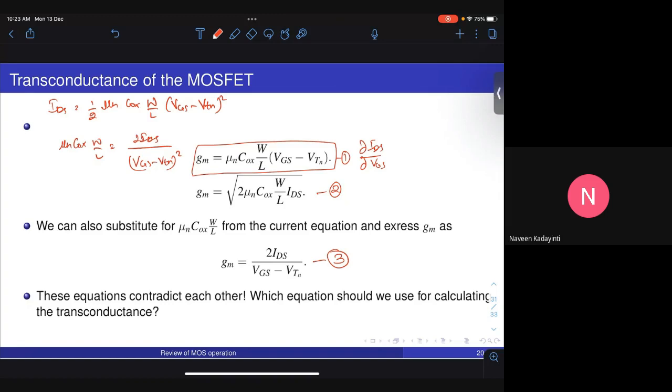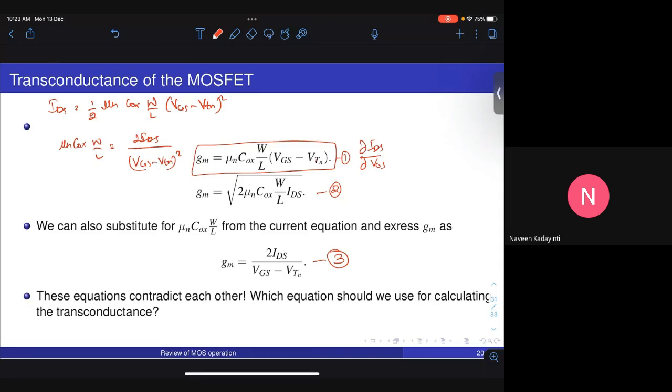Which equation should we use whenever we are looking at any circuit? Let me take an example. Suppose you have a circuit with a transistor and you want to increase the GM of the transistor. What should you do? Should you increase VGS minus VTN?